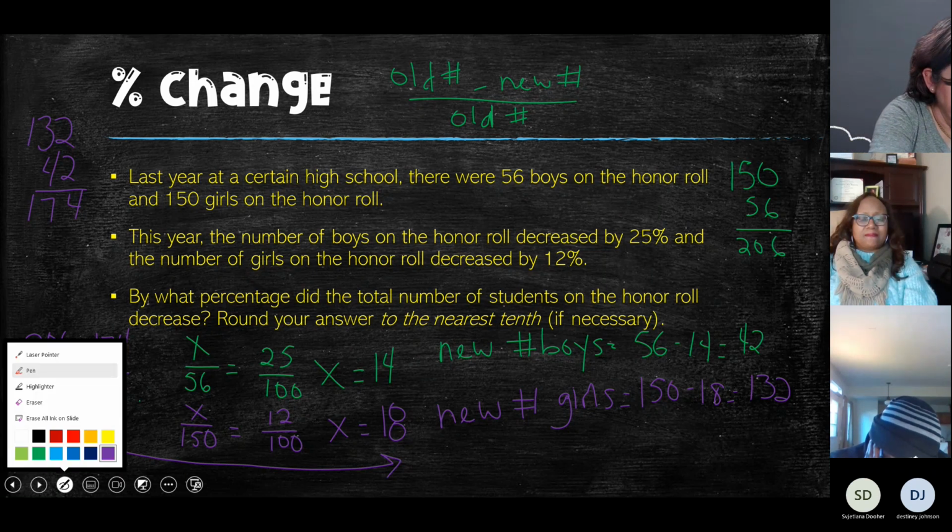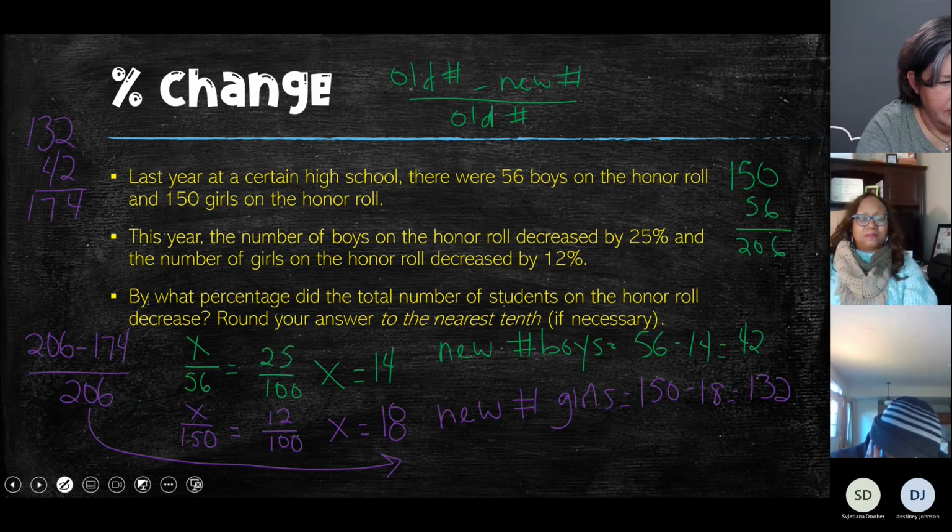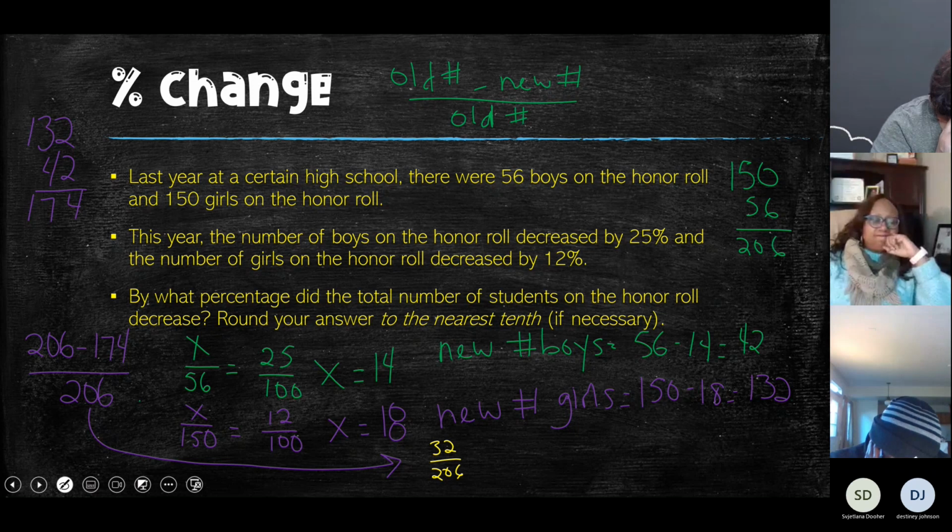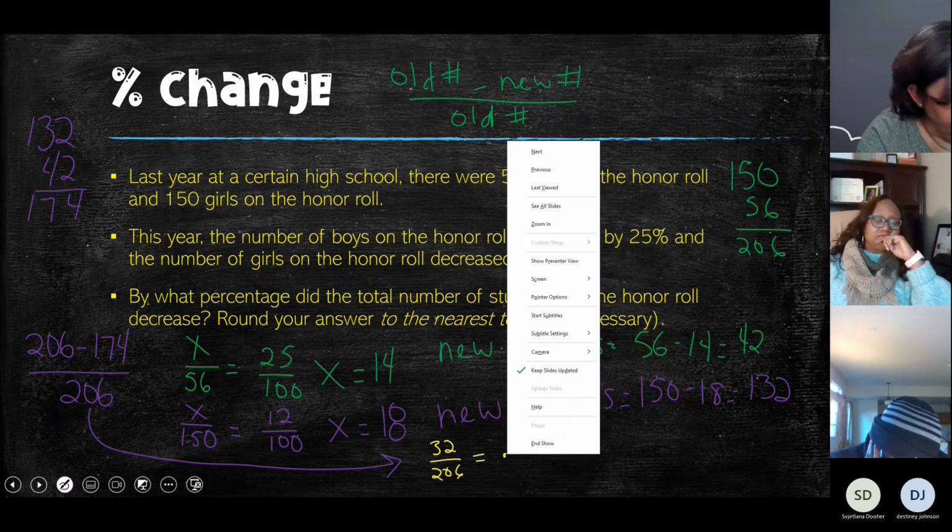And I'm going to switch colors. So this is 32 over 206. Equals point.